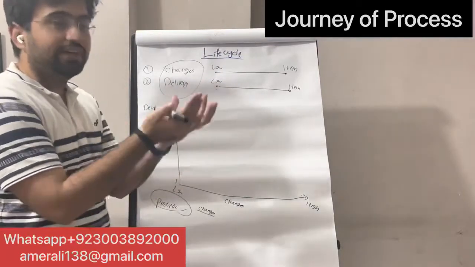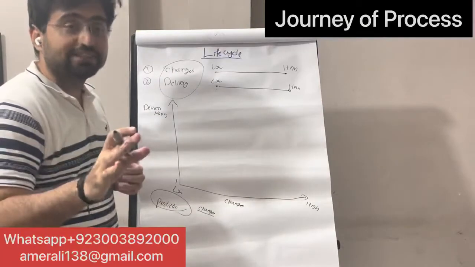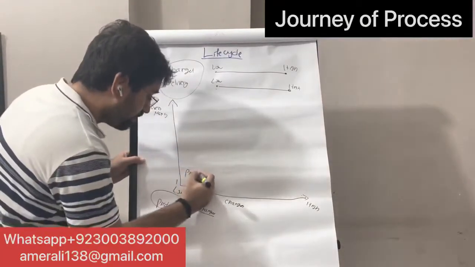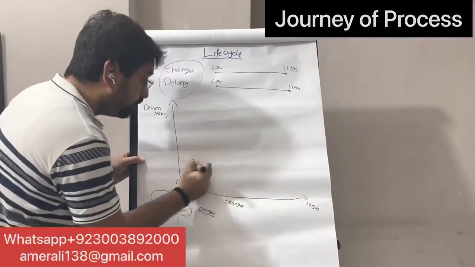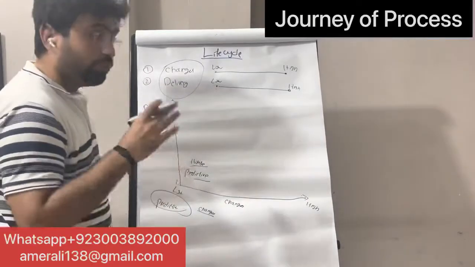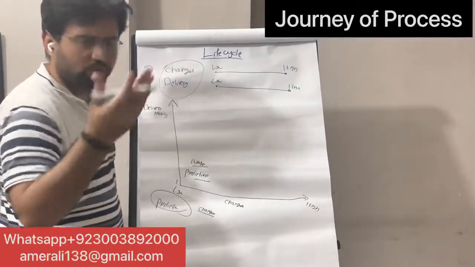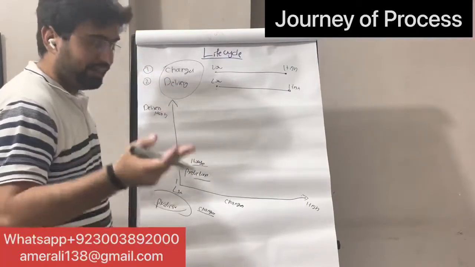We want delivery in one go and we don't want any changes. So a house is a classical example. We use predictive for a house where there are no changes in the project. When the project has no change whatsoever, we use the predictive life cycle.